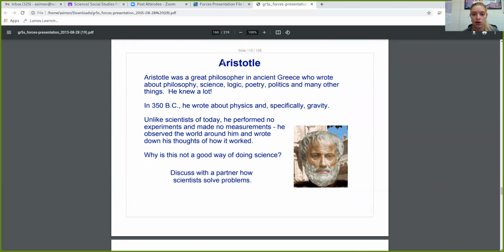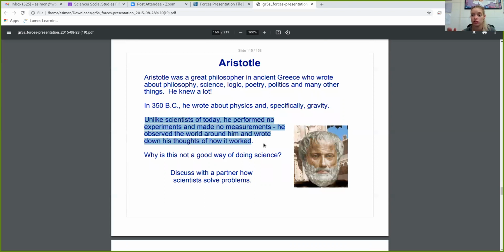So go ahead and put this down in our notes, please. Aristotle. Unlike scientists of today, he performed no experiments and made no measurements. He only observed the world around him and wrote down his thoughts. So he didn't do any type of experiments whatsoever.